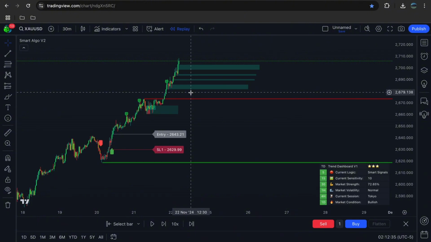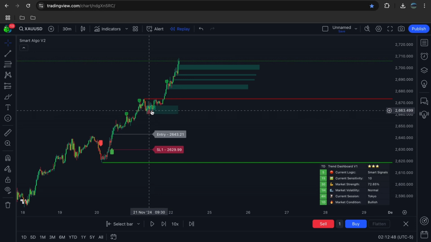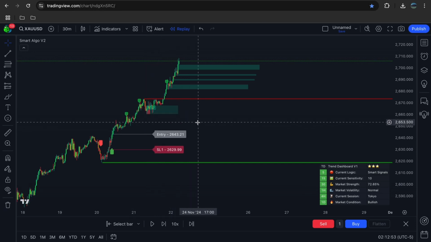Finally, let's look at smart order blocks. These zones are where large institutional orders are likely to have been placed, making them high-probability areas for price reversals. Order blocks are color-coded for clarity, with green indicating a potential buy zone and red signaling a potential sell zone. For instance, when the price approaches a green order block, it suggests an area where buyers could step in and push the price higher.